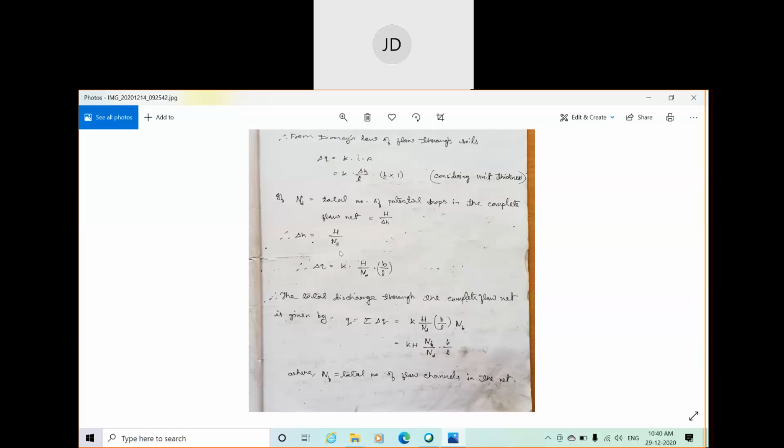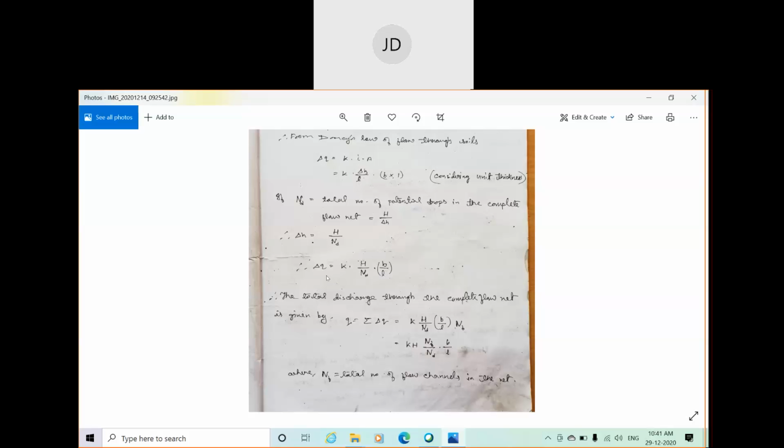Just putting the value of delta H in this Darcy's equation, which you can call equation number 1, delta Q can be written as K into, in place of delta H, H by ND, into B by L. B by L will come, you can take it separately.